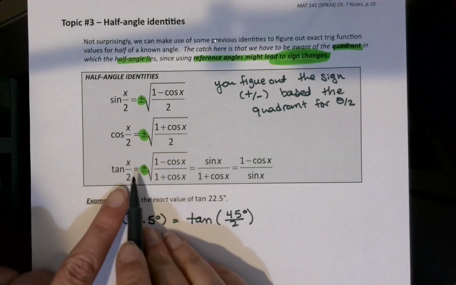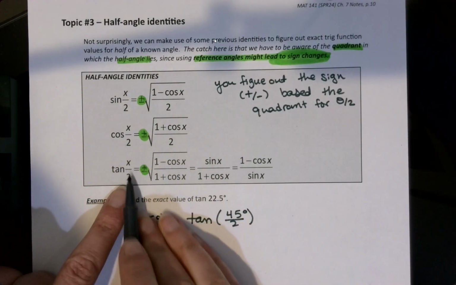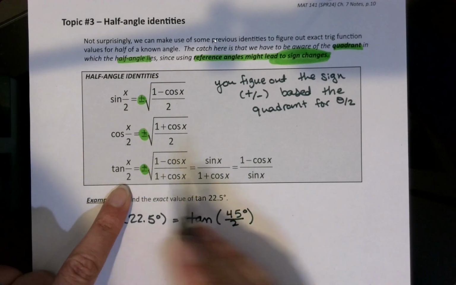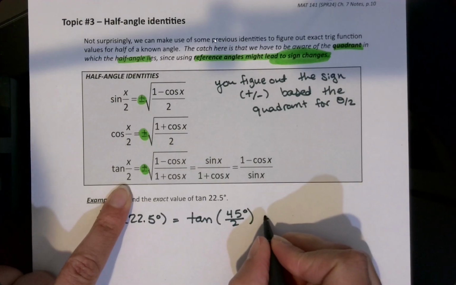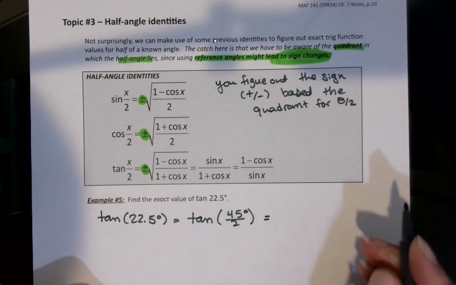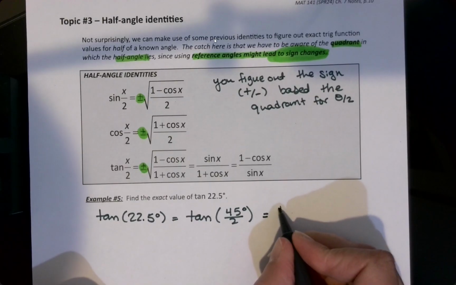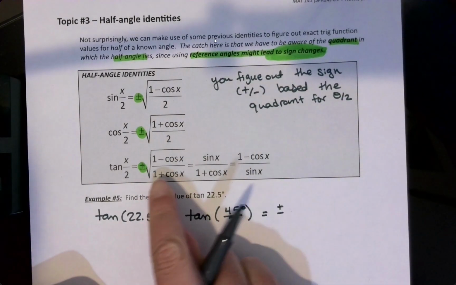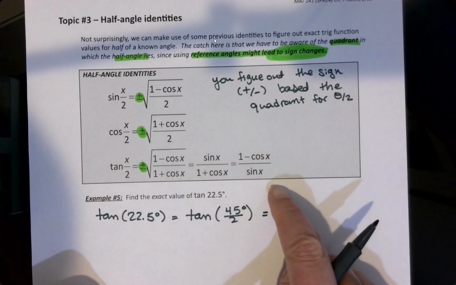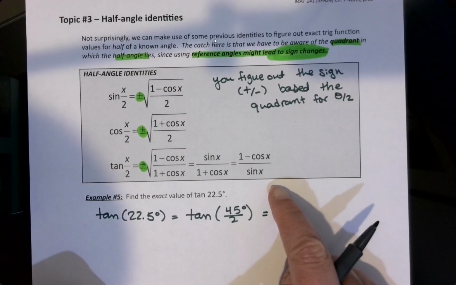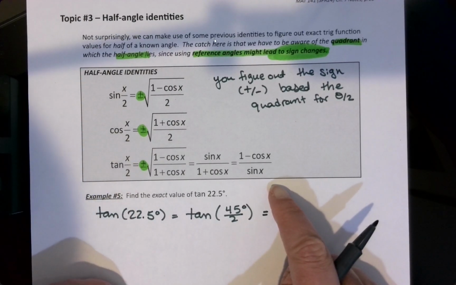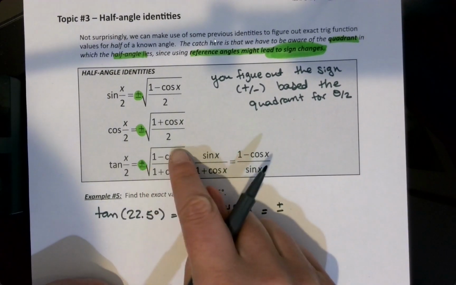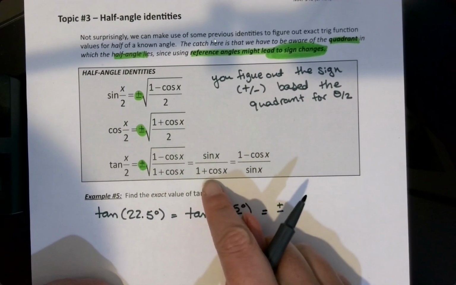Then I'm going to go to my tangent of half an angle formula, and we know it's equal to positive or negative, and tangent has 3 possibilities. So I can choose whichever of these I think would be easiest to work with. If I don't have to have the square root in there, probably easier to work with one of these two.